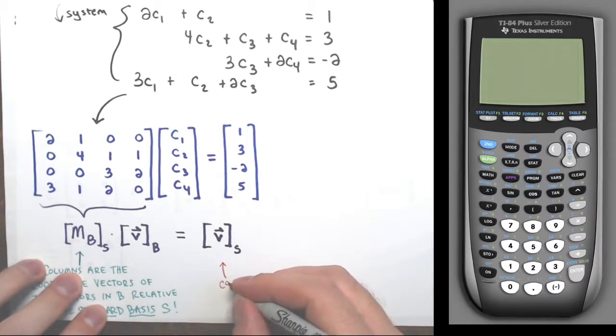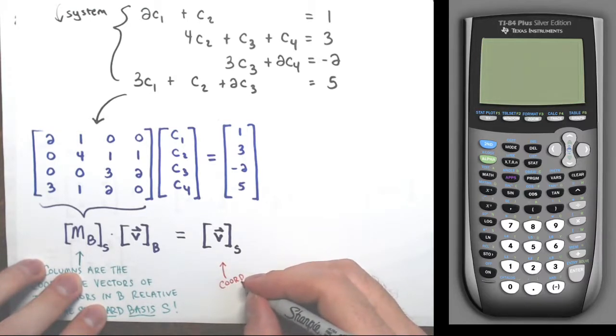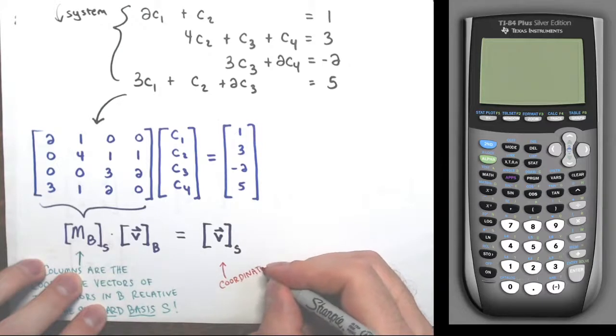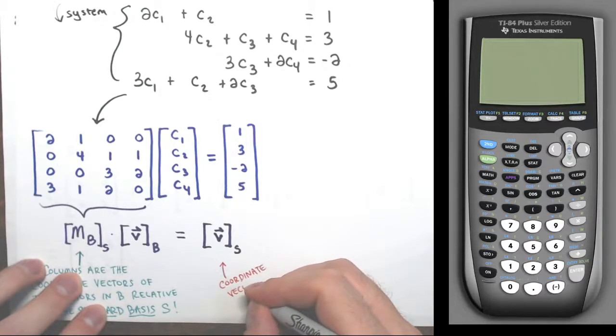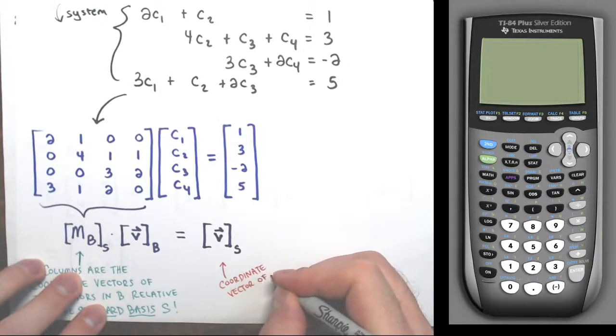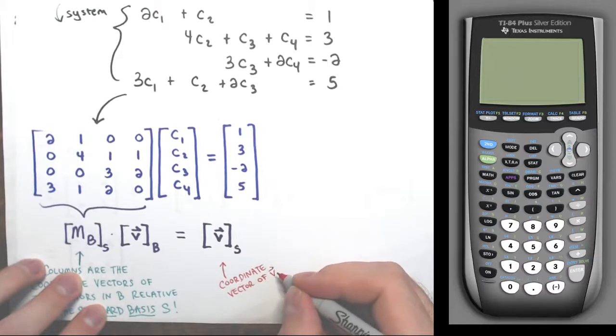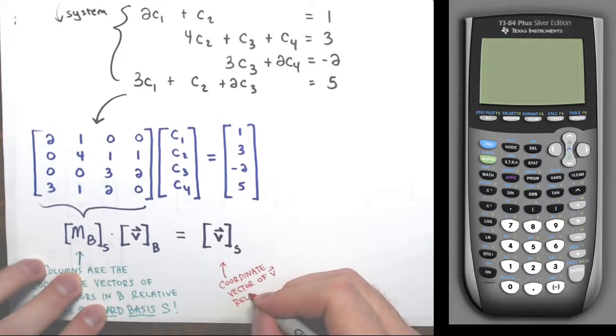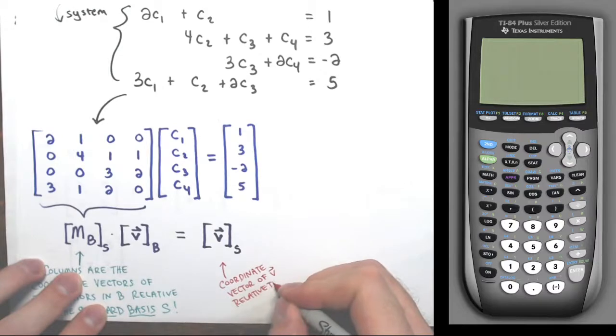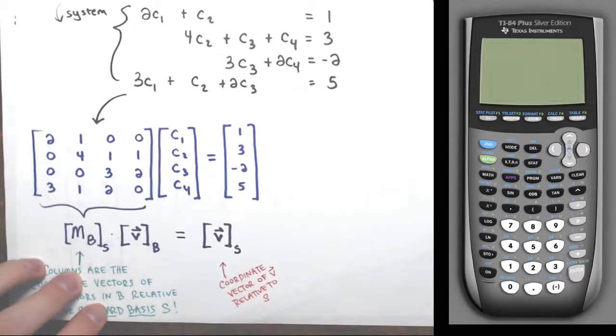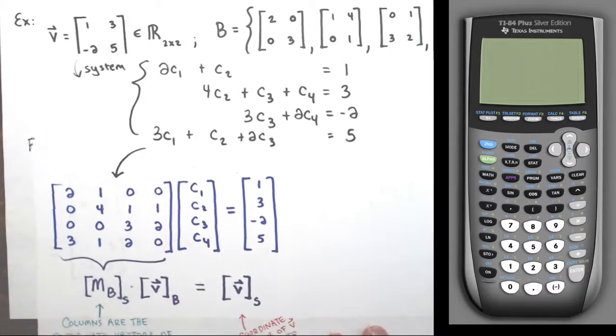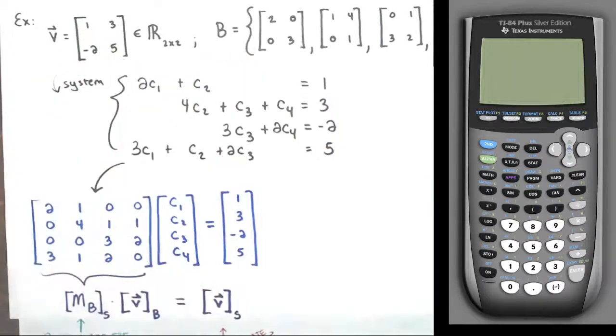All right, so this over here is the coordinate vector of V relative to the standard basis, again relative to S, where that's the standard basis. Because look at V, and here was that standard basis again.